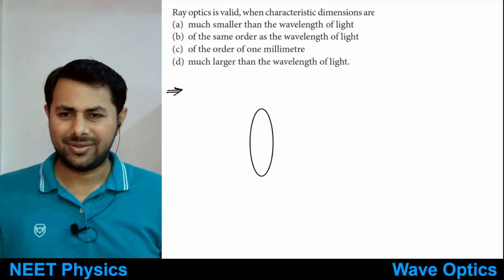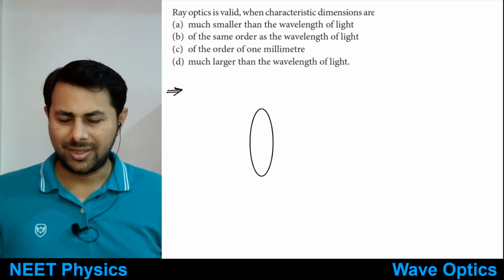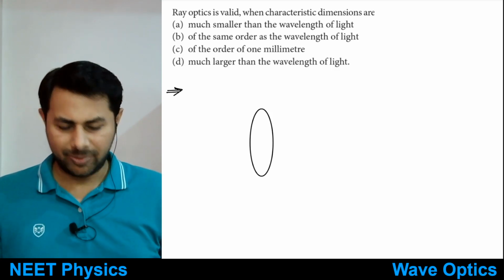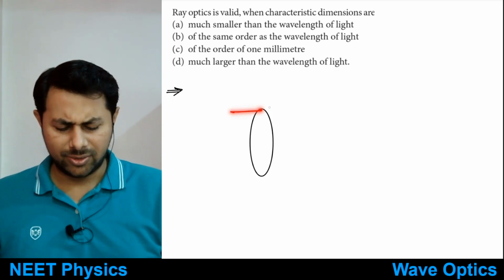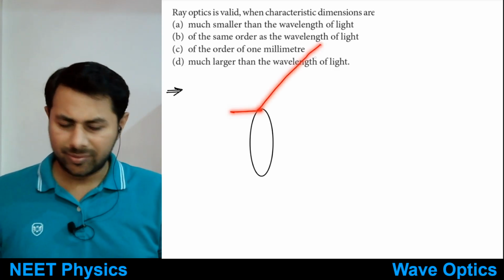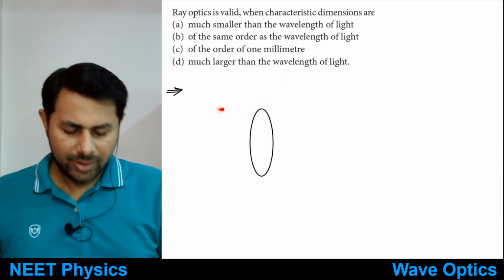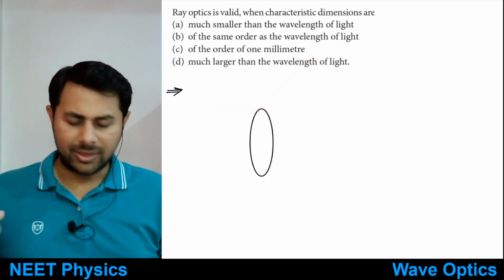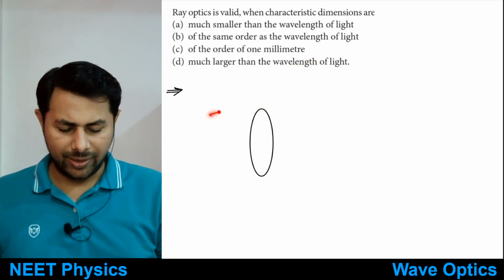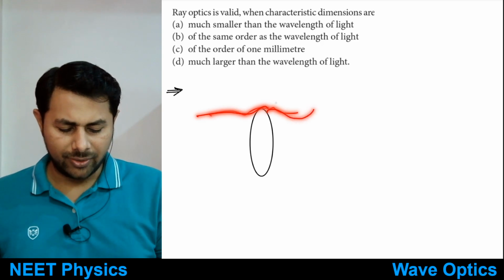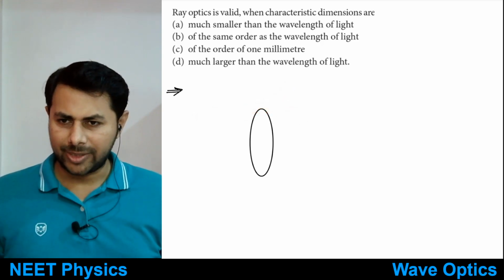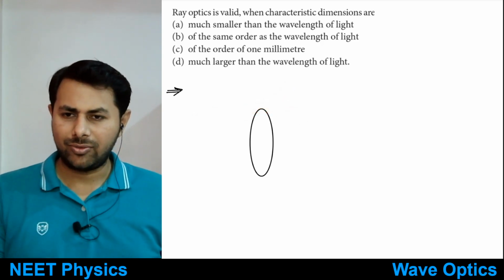Particles can't bend. If you think of this as a particle, it will collide and go in some direction, but waves can bend in all directions along the corners of the obstacle. So now a diffraction pattern would be formed.